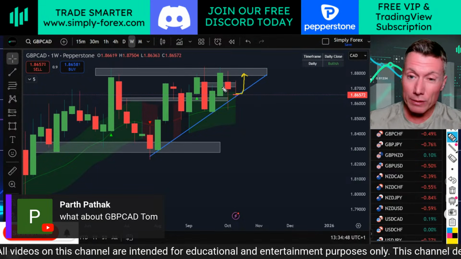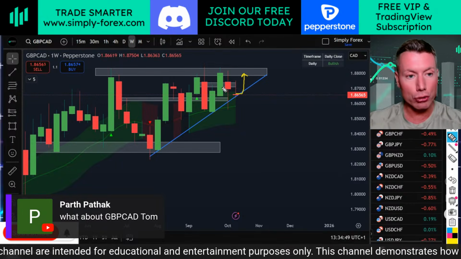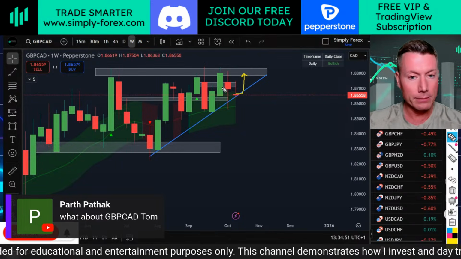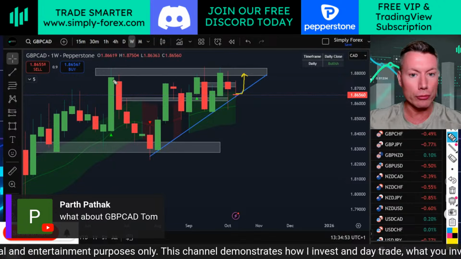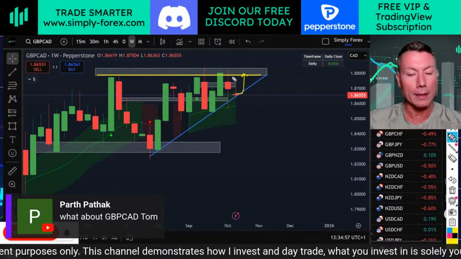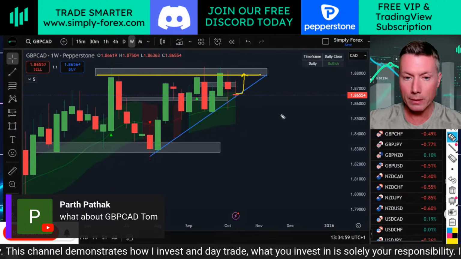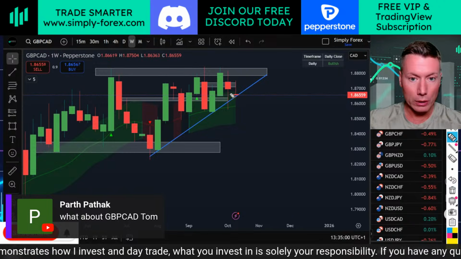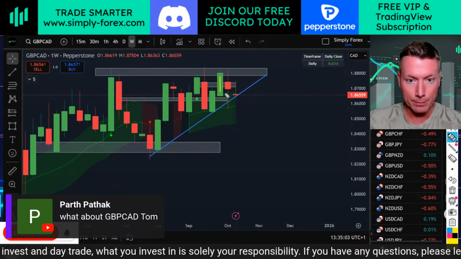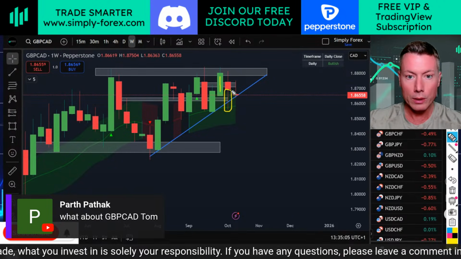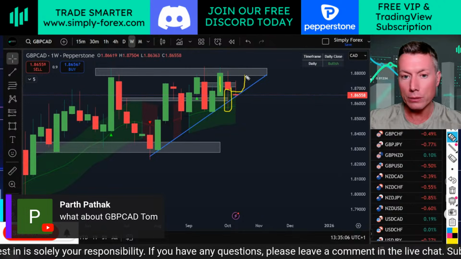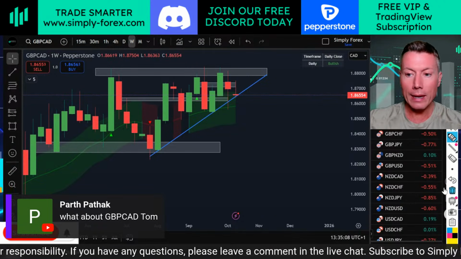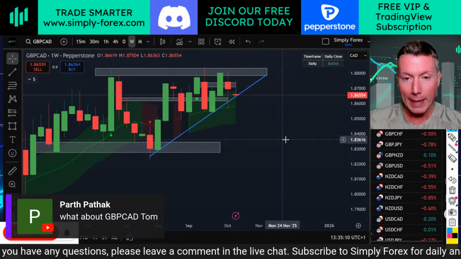But the answer is yes, as long as daily structure doesn't break down, then we're still in that daily uptrend. We still have room up to this level. And look at last week's candle. That's bullish, and we've got a nice wick rejection. So everything's telling me to buy pound Canadian dollar.